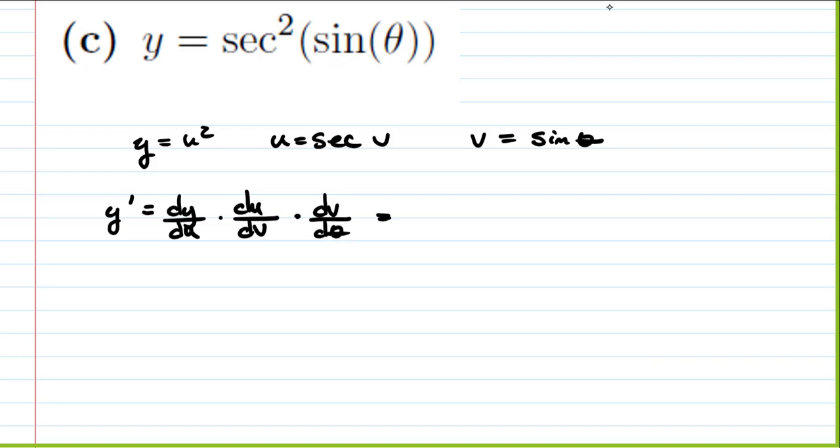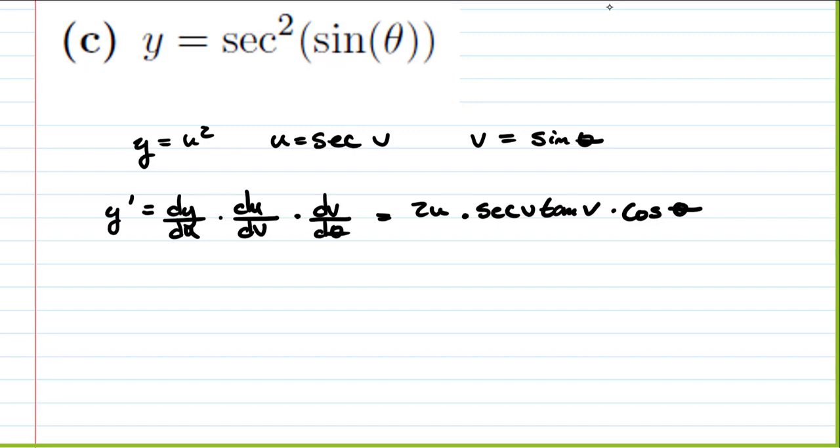So dy du is going to be 2u times du dv. Well, the derivative of secant is secant v tangent v. And then the derivative of sine theta is going to be cosine theta.